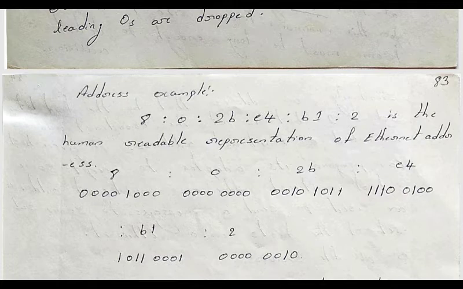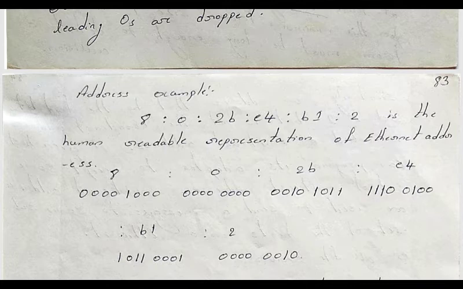So totally 6 numbers are there, and each number is represented with 1 byte. In that 1 byte, a 4-bit nibble is used to represent 1 hexadecimal digit. So 2 hexadecimal digits are represented in each section.